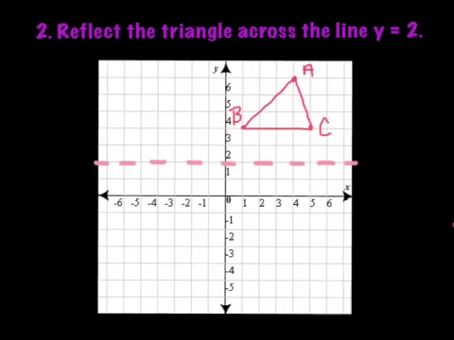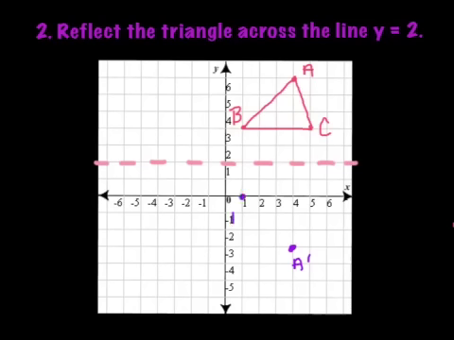So it's similar to what we just did. We're going to go ahead and count the distance it is away from the reflection line. So if you look at point A, it's 1, 2, 3, 4, 5 units away. So same thing, count 5 units down. 2, 3, 4, 5. It would be right here. So my new A point will be here. And similar to the other problem, B is 2 units away.